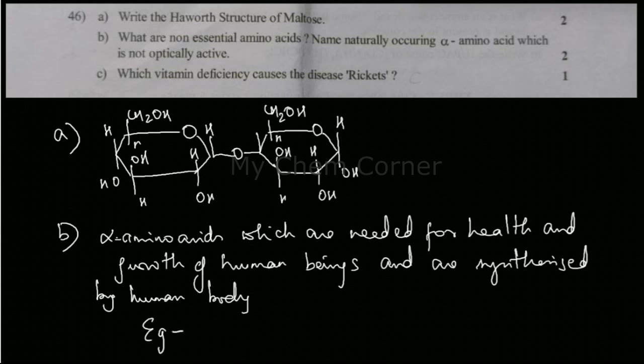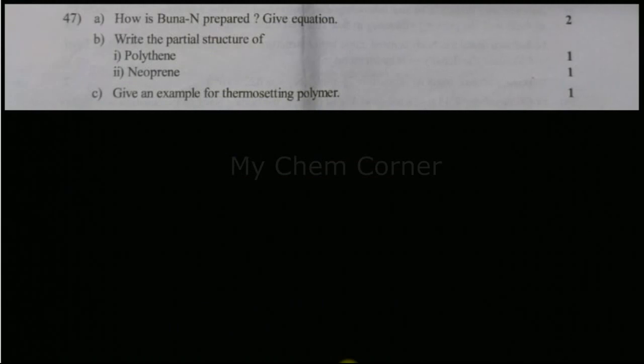If you want to give an example, you can give glycine as one of the examples. Alright. Then C part is which vitamin deficiency causes the disease rickets? It's nothing but vitamin D. Alright, so that is the answer for question number 46.